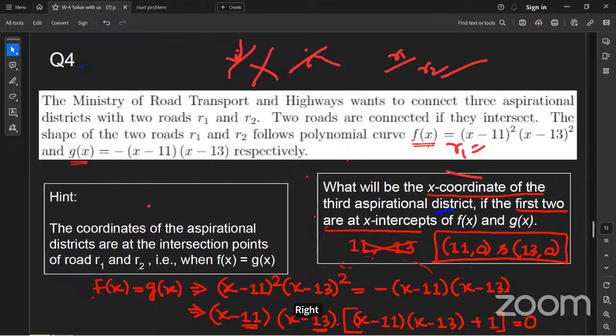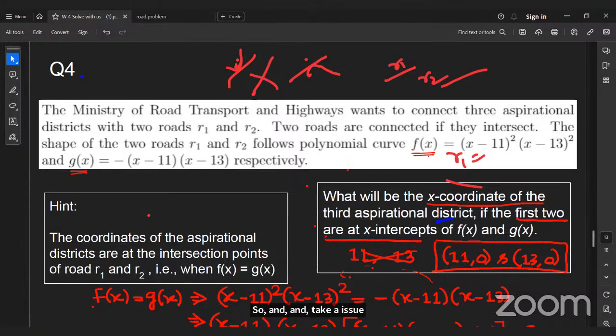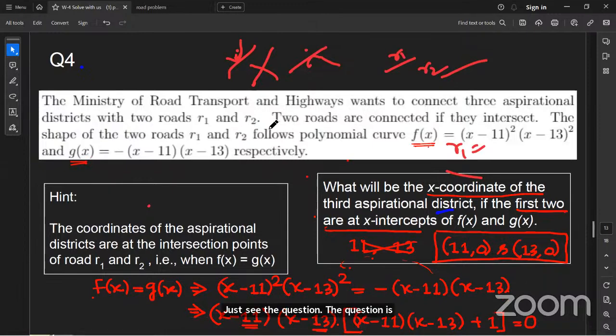Why am I saying this is 3? This will give me 3 coordinates. Can someone tell me? Just see the question. The question is saying R1 and R2 connect all 3 cities.